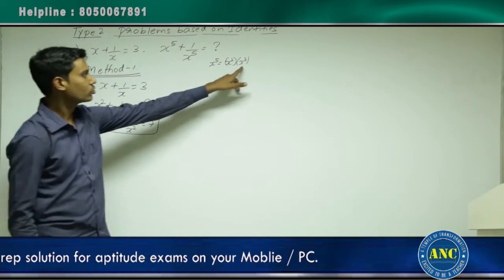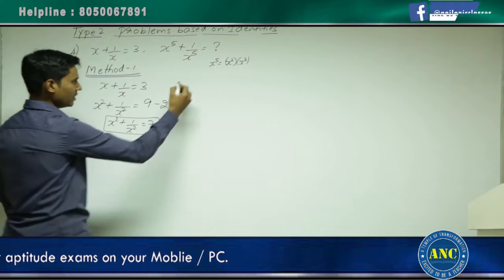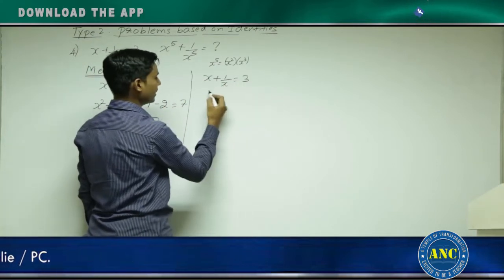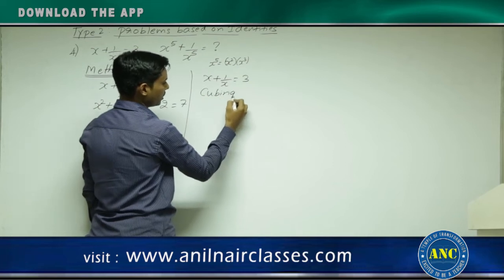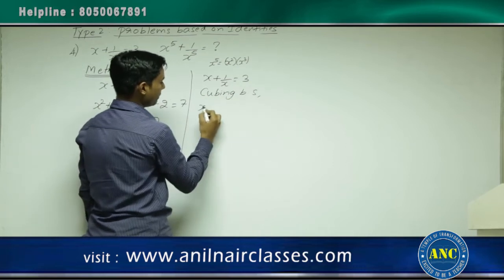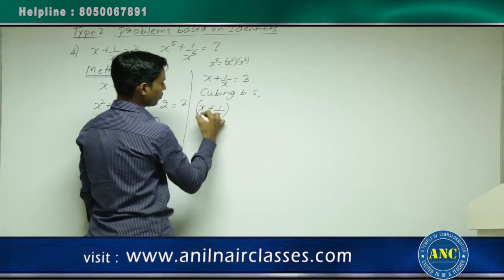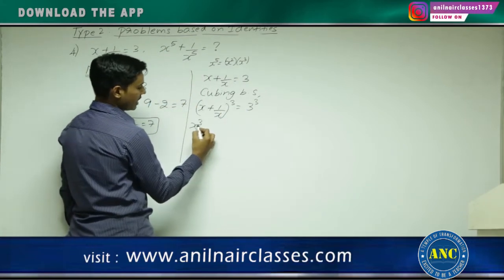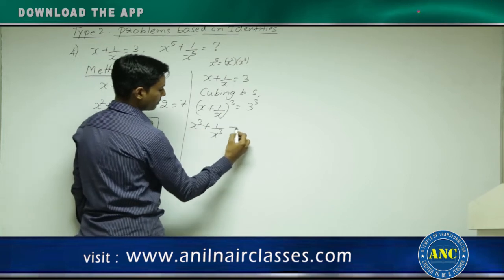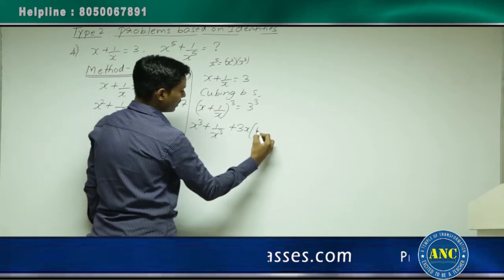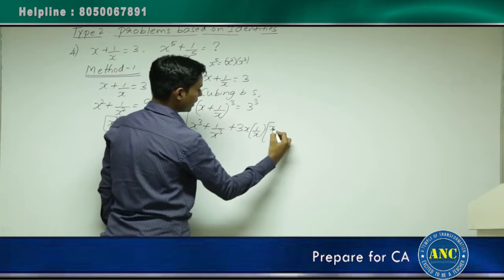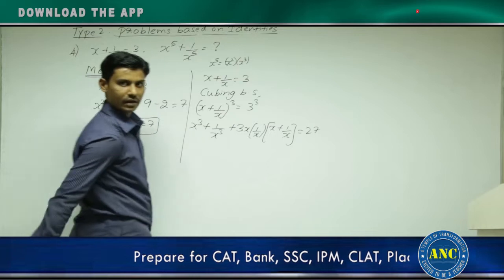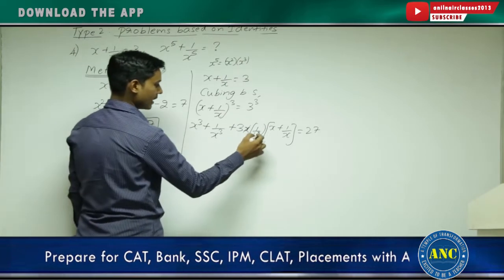Similarly, I also need to cube it. That means x plus 1 by x is equal to 3, which is the given data. Cubing both sides, a plus b whole cube, that is x plus 1 by x whole cube, is 3 cube, which is 27. This is a cube plus b cube plus 3ab into a plus b. 3 cube is 27, and this will cancel out.